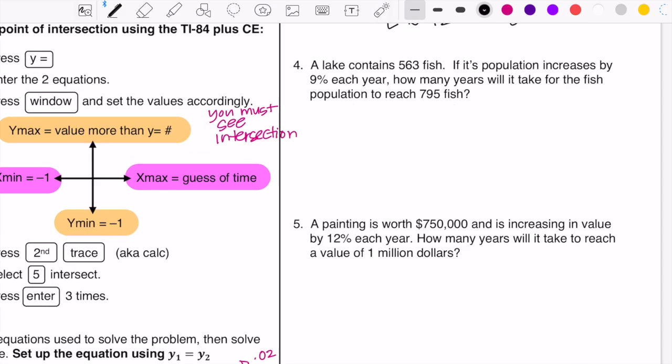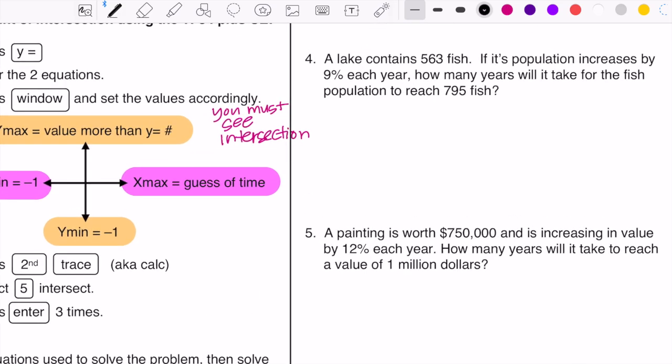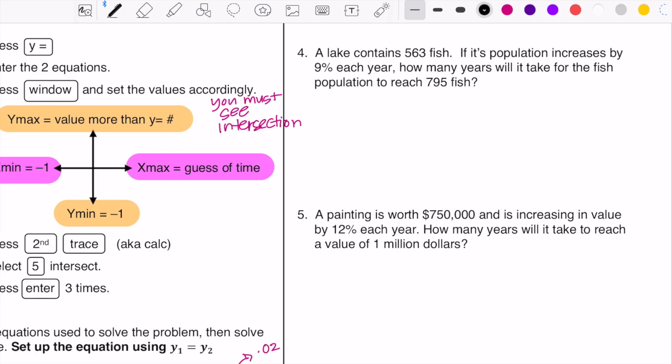Okay, next one, little different. It says a lake contains 563 fish. If its population increases by 9% each year, how long will it take for the population to reach 795 fish?